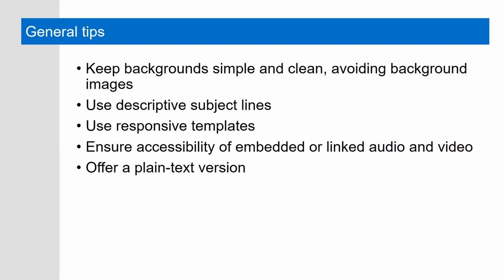You need to ensure the accessibility of embedded or linked audio and video, and really linked or attached documents as well. So it's not enough that just the content of your message is accessible, but any additional media that you're linking to or attaching needs to be accessible as well.